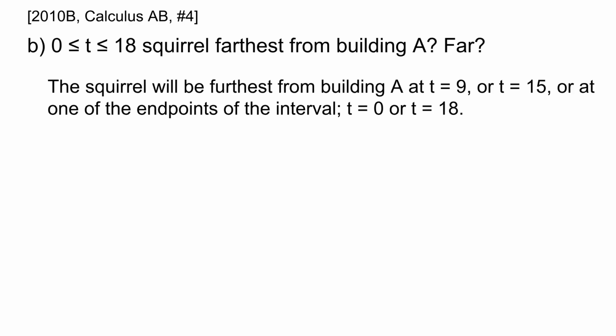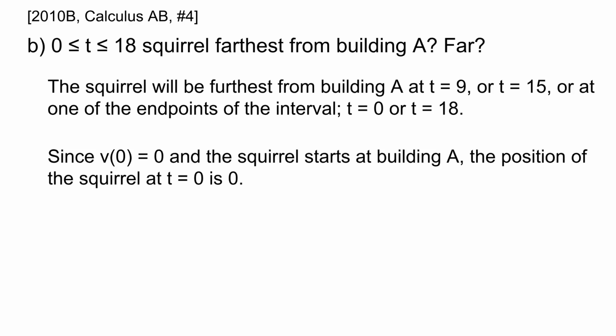The squirrel will be the furthest from building A at t equals 9 or t equals 15, or at one of the endpoints of the interval, which would be t equals 0 or t equals 18. Since v of 0 is 0, and the squirrel starts at building A, the position of the squirrel at t equals 0 would just be 0, since it's 0 away from building A.